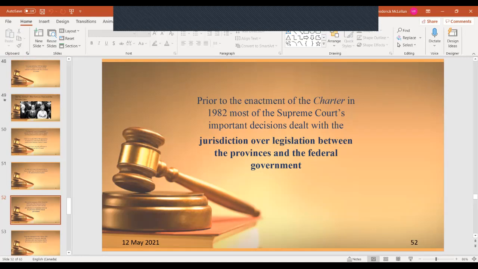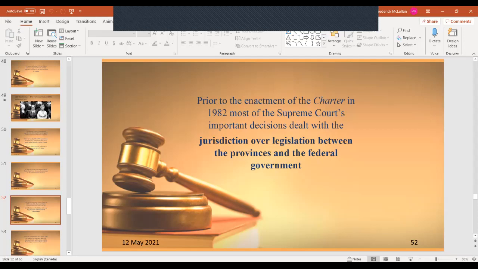So in the 20s and 30s, a lot of the jurisprudence in the Supreme Court dealt with a fight between the provinces and the federal government over taxation of cigarettes. Taxing cigarettes was a big money maker. It still is to some degree, but back then it was a humongous money maker. And both levels of government indicated that they had the jurisdiction to collect tax on it.